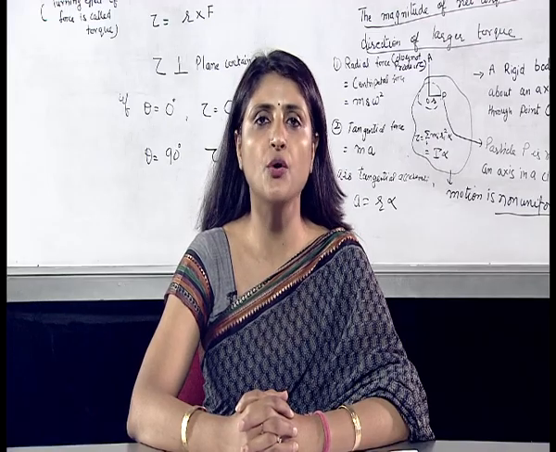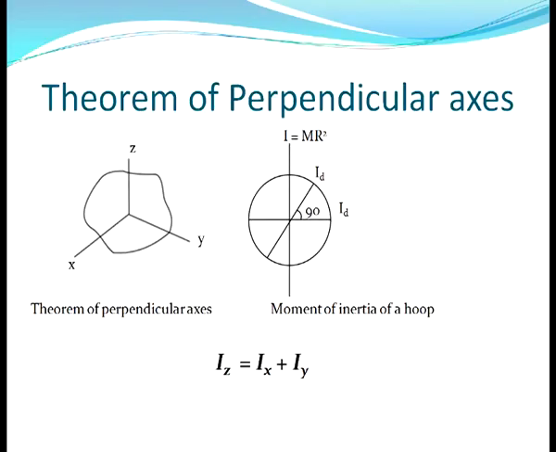Let us talk about the theorem of perpendicular axis. For this, take a lamina with three axes x, y, z, and suppose we have to calculate the moment of inertia of a hoop, which is denoted by a circle. The moment of inertia about a diameter passing through the center of the circle is given as Id. When we rotate it by 90 degrees, again we have a diameter, which is given by Id.